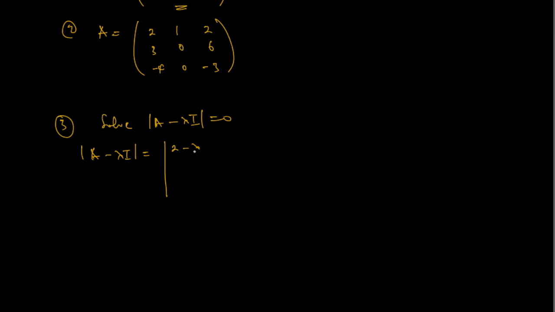So you have 2 minus lambda, you have negative lambda, you have negative 3 minus lambda, you have 1, 2, 6, you have 3, negative 4, you have 0. This is what you have, and then it equals 0. And when you find the determinant of this matrix, what we're going to have is lambda cubed plus lambda squared minus lambda plus 15 equals 0.